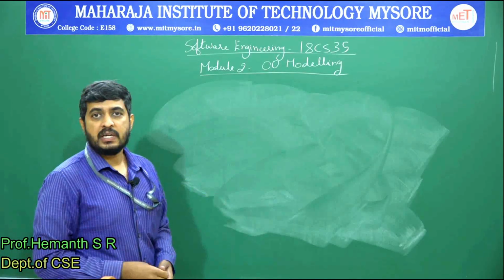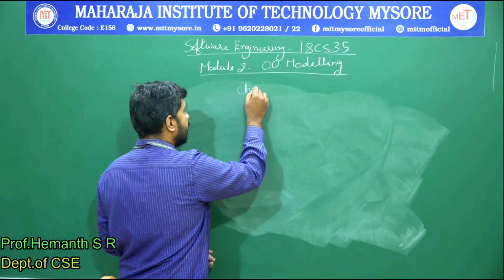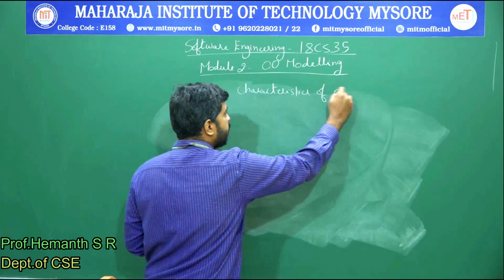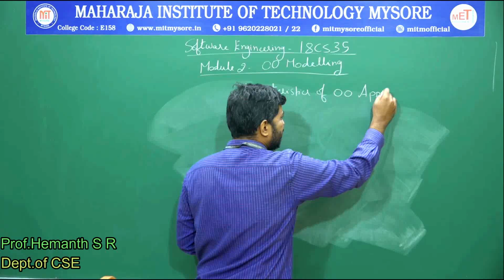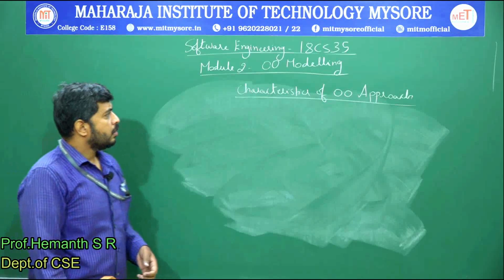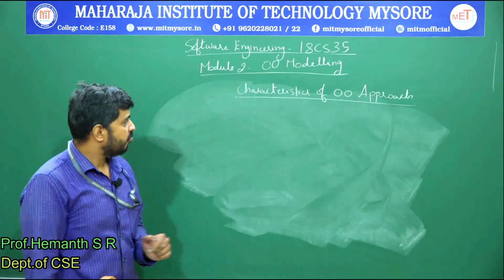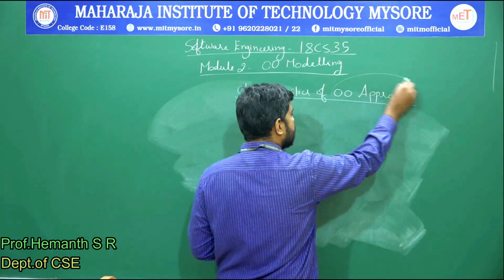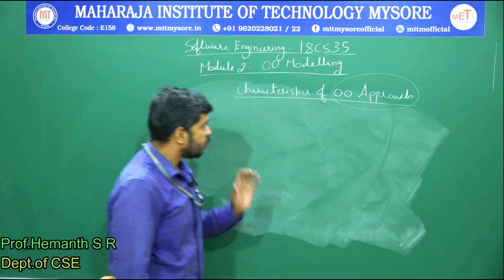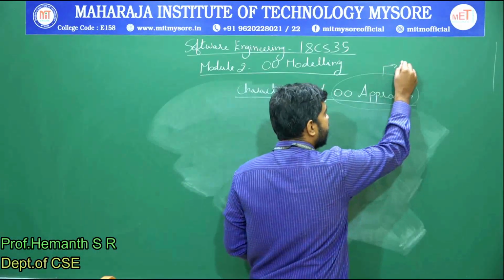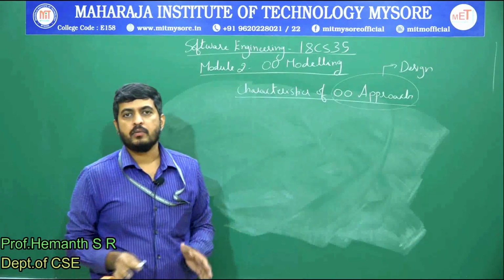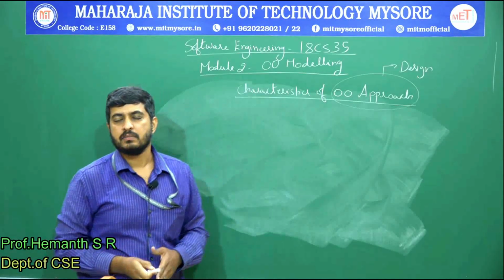The very first topic here is the characteristics of the object oriented approach. As mentioned, for design we will use the OO approach, OO being short for object oriented, for coming out with the blueprint of the plans we have for the software.